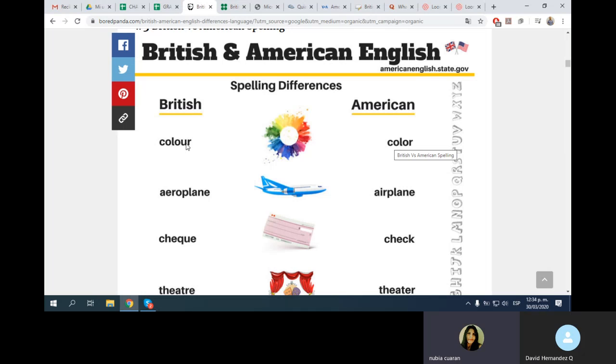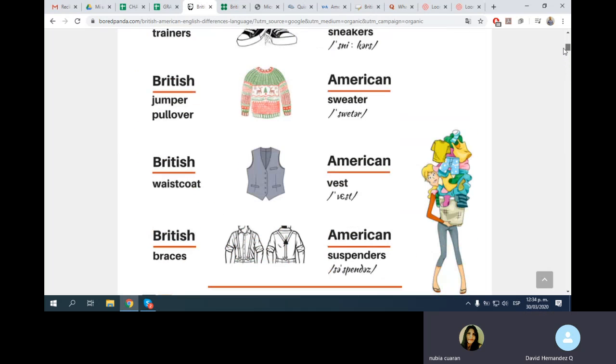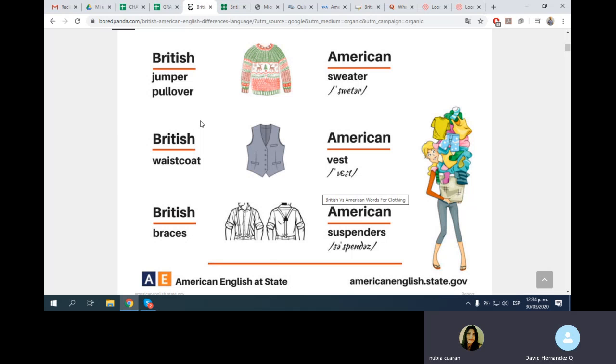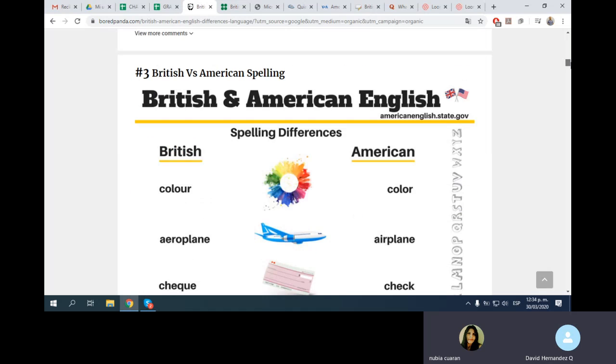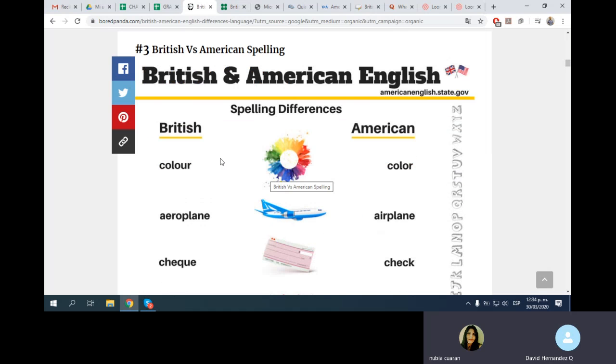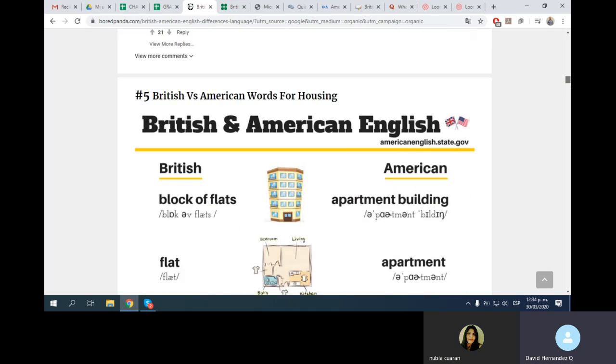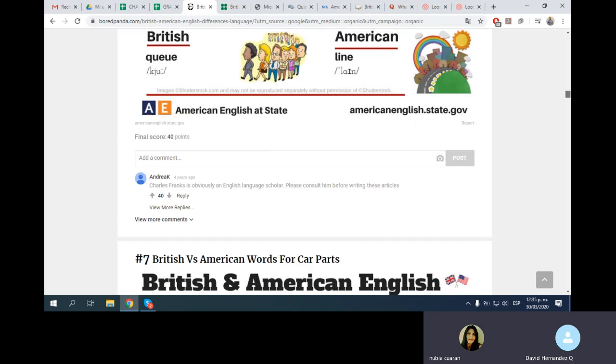Los británicos tienden a abrir mucho la boca al final con la R, como en las palabras de arriba, jumper, pullover, y ahora cola, mientras que los americanos son más de boca cerradita. Aquí hay montones de palabras.